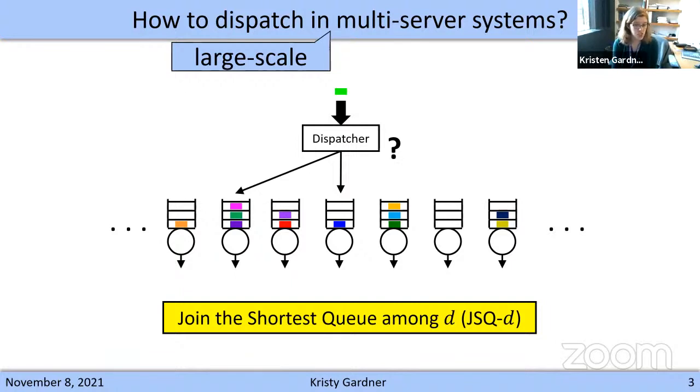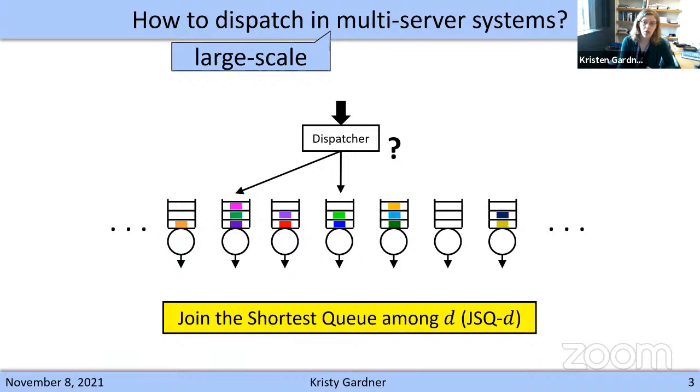The dispatcher asks just 2 servers chosen at random for their queue length information, and sends the job to the shorter queue among those queried servers. This works very well. One of the key results in this space is that using D equal to 2 is enough to get most of the benefit of the full join the shortest queue policy, even though we're using only a very small number of queries.